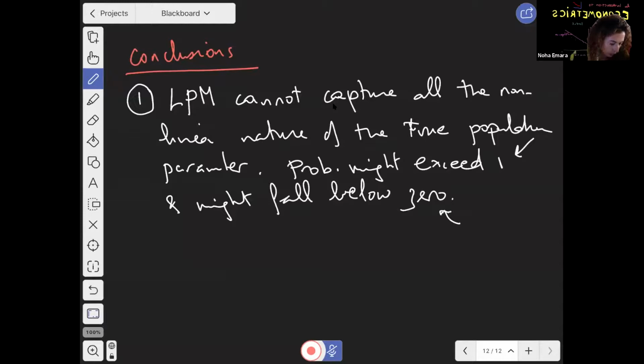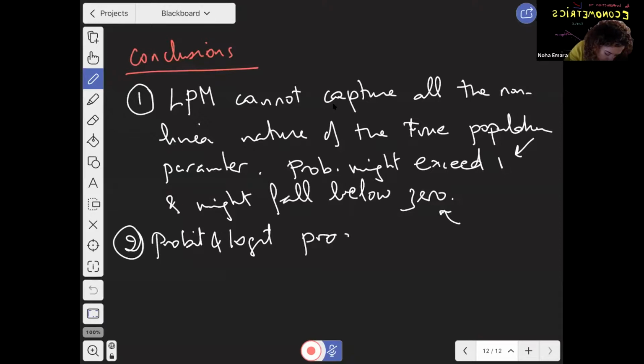Okay, number 2, probit and logit, both produce actually similar results. Okay, so use whatever you like if the question doesn't tell you which one to use. Okay, similar results. You can pick again the one that you like.